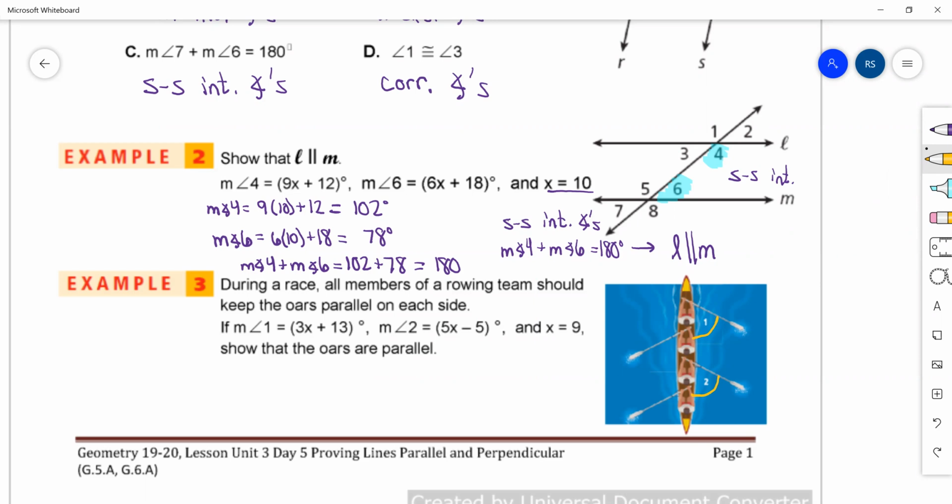Well, what kind of angles are those? What relationship do they have? These are corresponding angles. Which means they should be congruent. So are they?